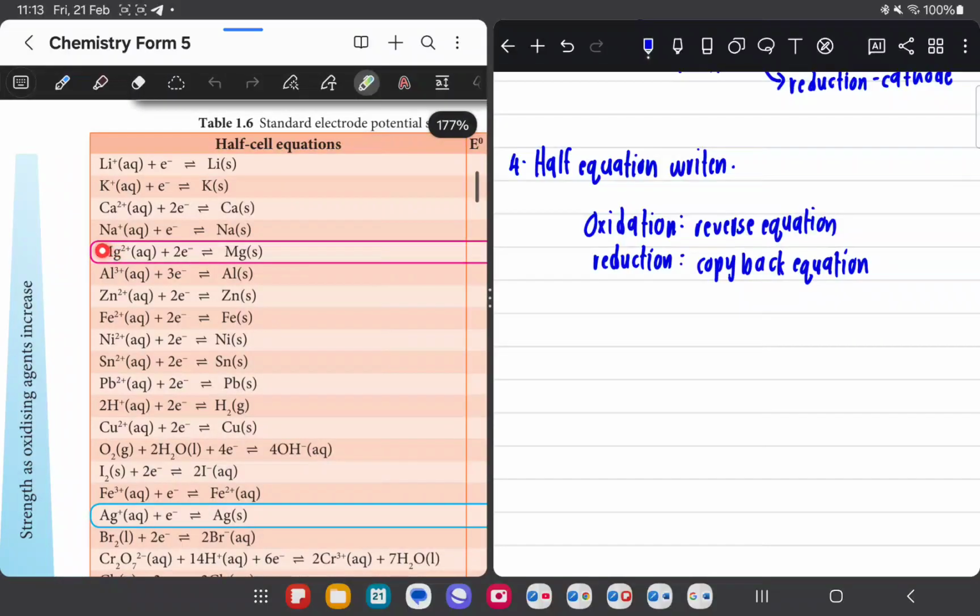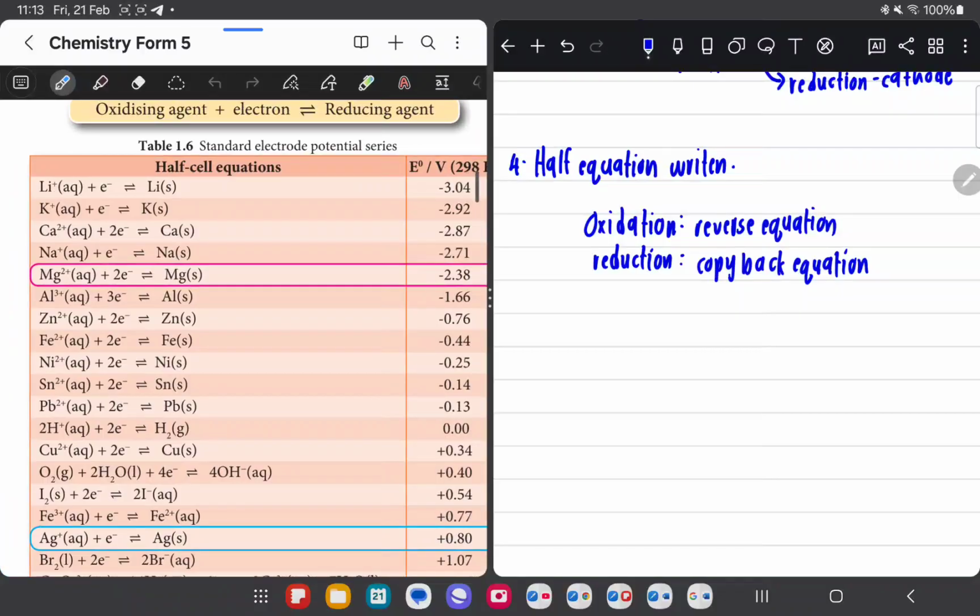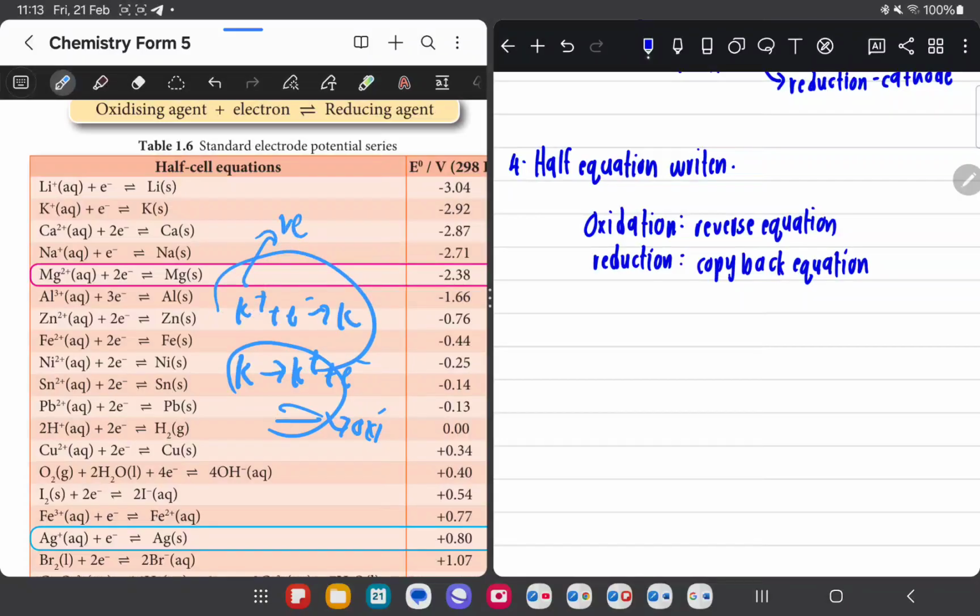For example, take K plus. For reduction we write K plus plus e minus equals K. If oxidation happens instead, I reverse it: K equals K plus plus e minus. This is for oxidation, and this one is for reduction.